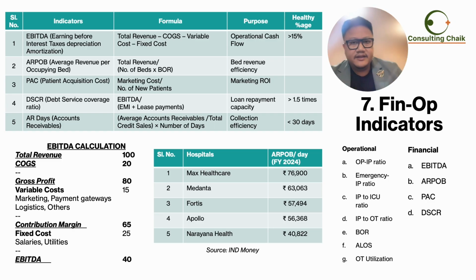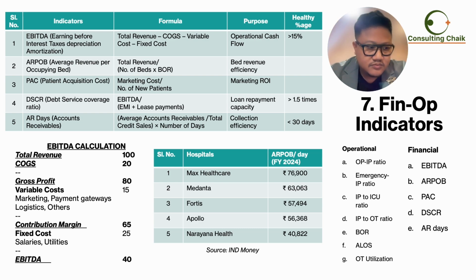When a valuation is being done for a hospital which has to be sold, or one that is not doing financially well, DSCR is essential to arrive at that valuation. It shows how strong your profits are to be able to do the loan repayment. A healthy DSCR score is more than 1.5.